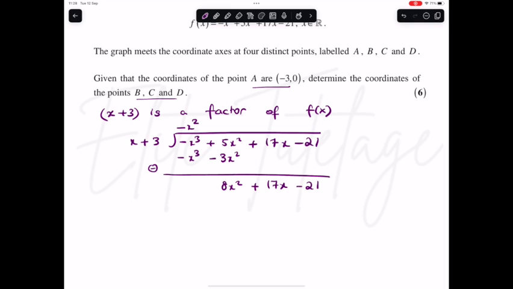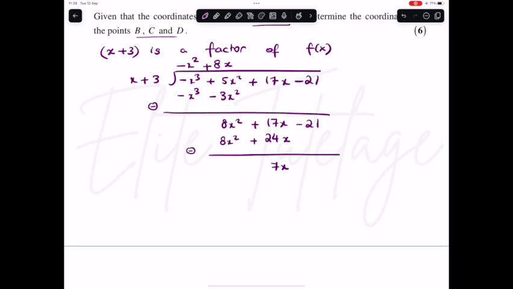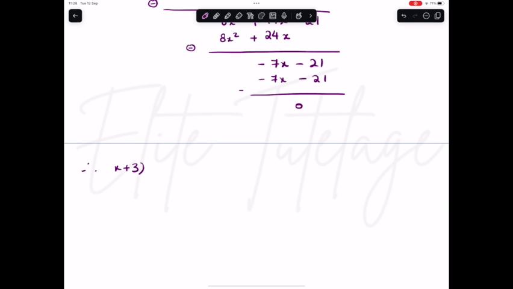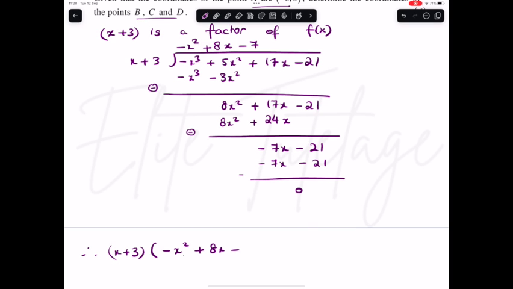Now I need an 8x there, and so 8x squared plus 24x, and then I have to take away again, so that cancels it out, and that gives me simply 7x minus 21, or rather minus 7, and that is all good, because that gives me 0. Okay, so (x plus 3) and (minus x squared plus 8x minus 7) will be equal to 0, or f(x).